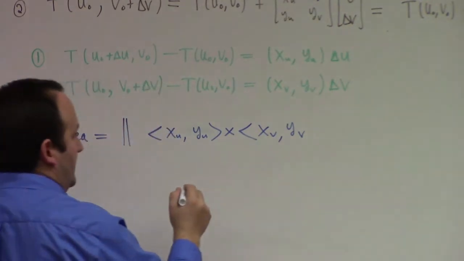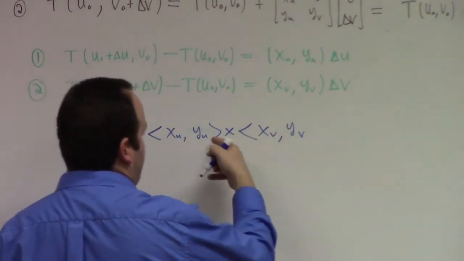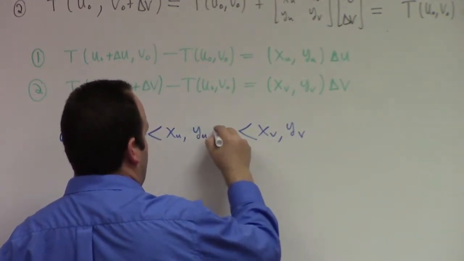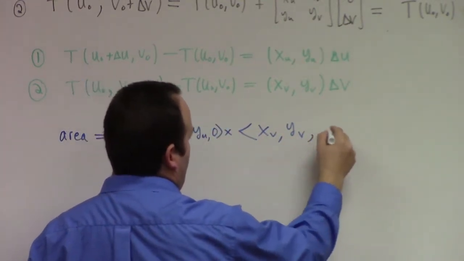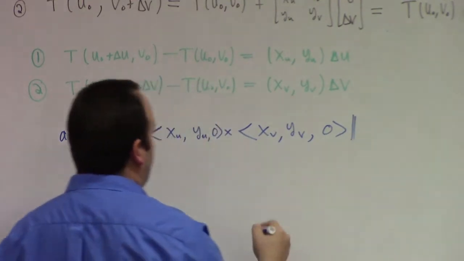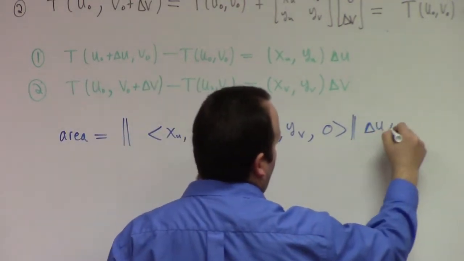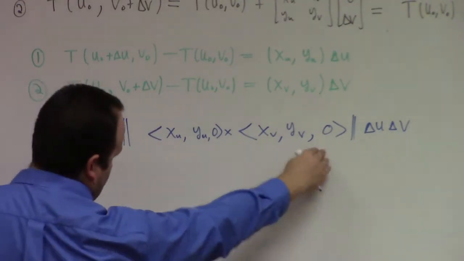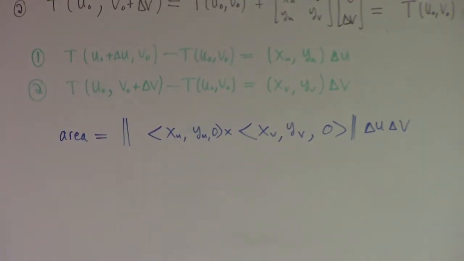To be careful, when I say cross product, I mean think of them as three-dimensional vectors; if it's bothersome, I'll add a 0 there. Now we can take a cross product. How do I know that's the area of a parallelogram? Remember, take the cross product of the vectors; the magnitude's the area. Still true.